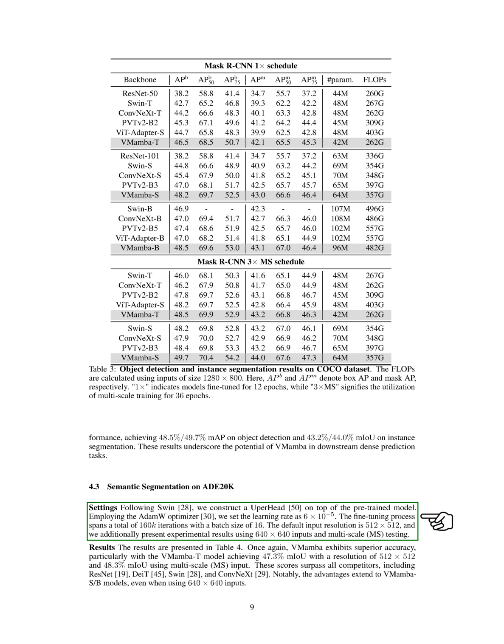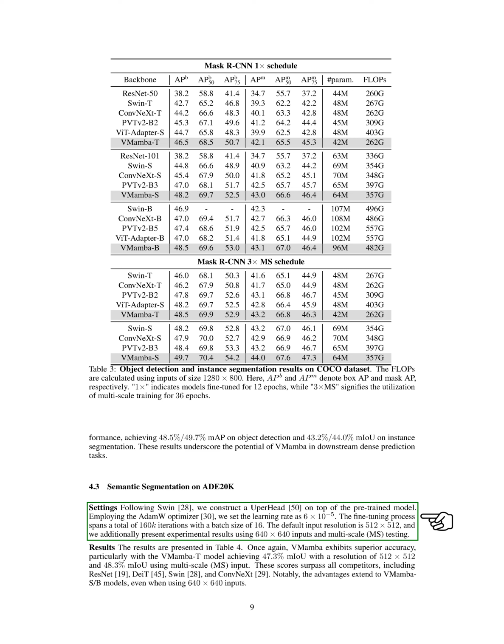We used an input resolution of 512 by 512 pixels, but also tested with 640 by 640 pixels and multiscale testing. Our results, which are detailed in the table, show that our model, VMamba, outperforms other models in terms of accuracy.